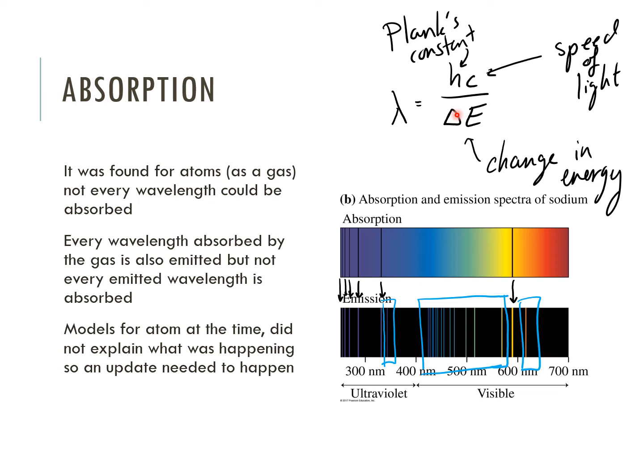Is it something inside of the nucleus? Is it the nucleus itself, or is it the electrons? Again, we have to remember that the nucleus and stuff inside of it is way bigger than an electron. So something is happening where the electrons are changing energy associated with a particular wavelength.